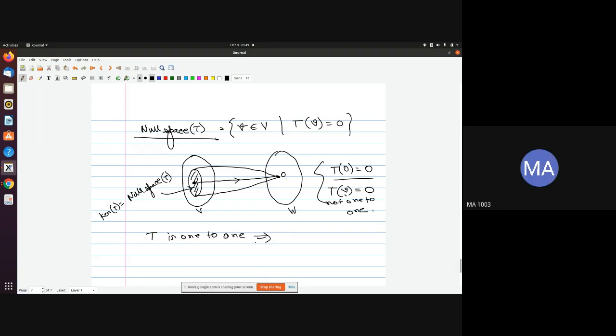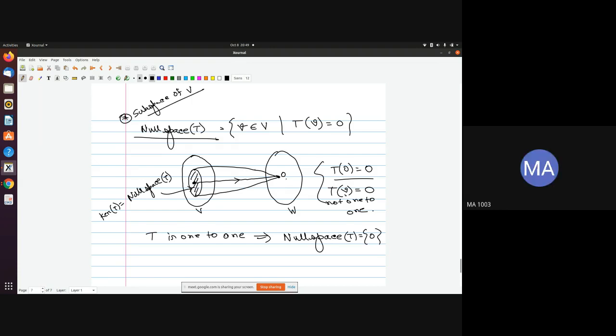So if T is 1 to 1, that implies this null space must be the 0 vector space. Only 0. Singleton set. 0 vector space, right? So here I should mention one thing, that this null space is also a subspace. You can check it.